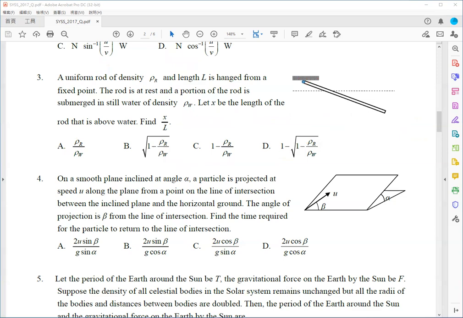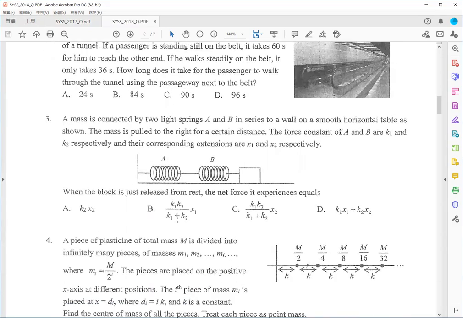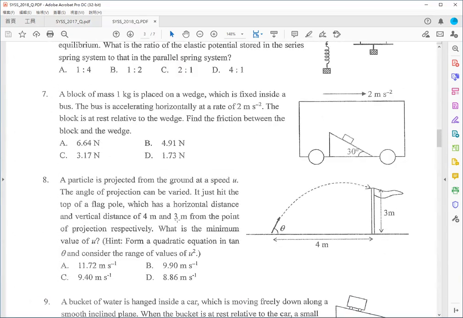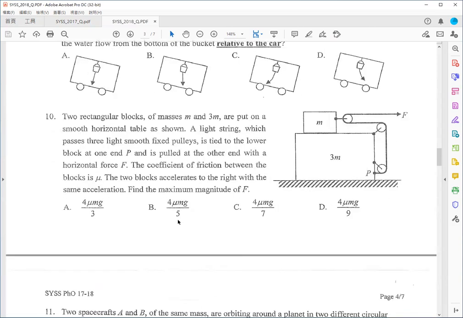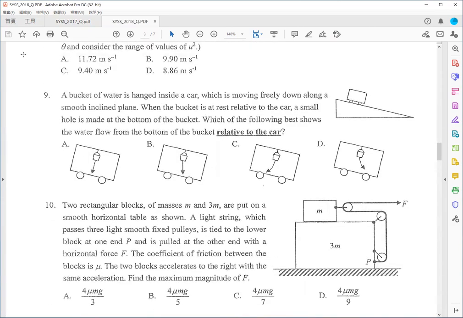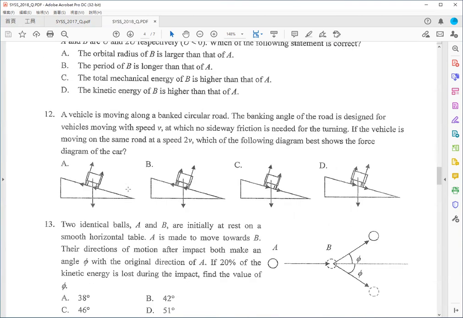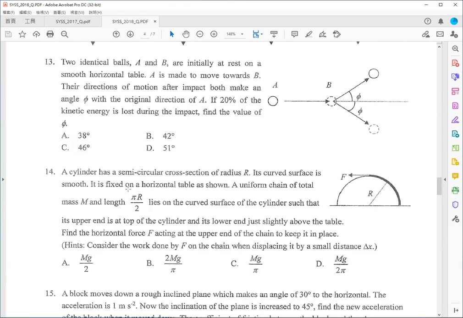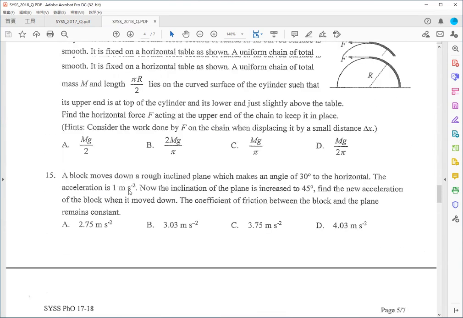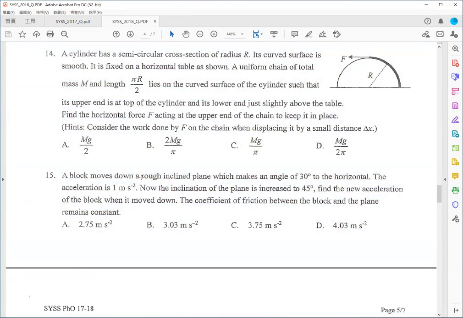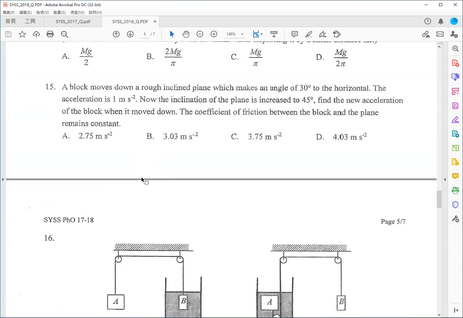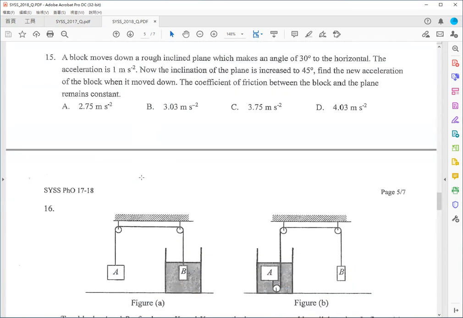So let's have a look at one more year's question. The questions are really tough.